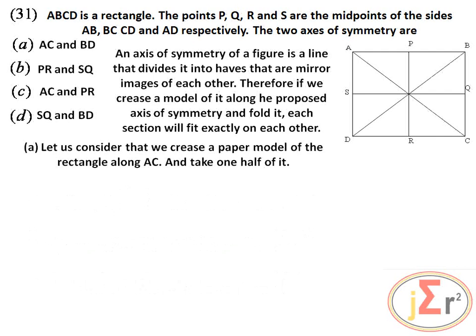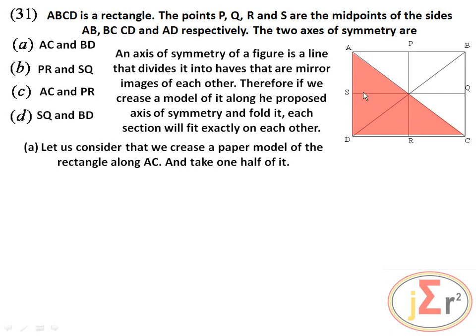Let us consider that we crease a paper model of the rectangle along AC and take note of what will happen. So we will take one half right there. So we crease it along AC, and this is the first half that we are considering.